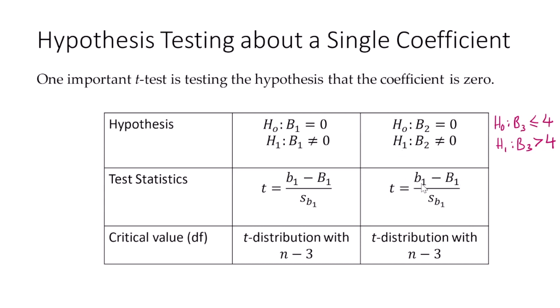Okay, I made a mistake over here, the test statistic. This should be B2 and SB2.